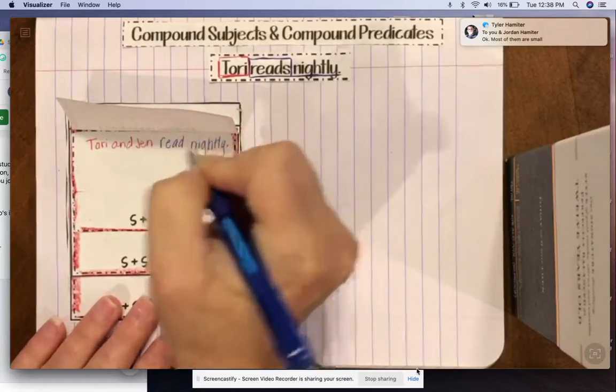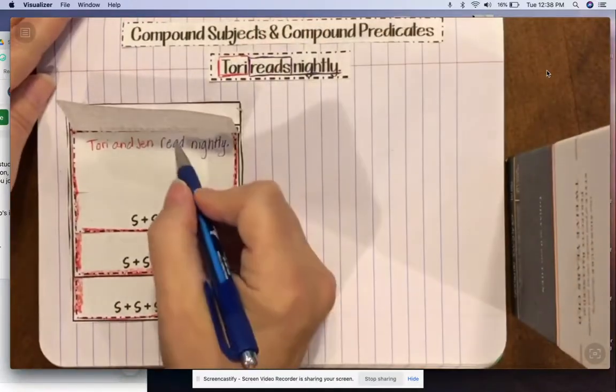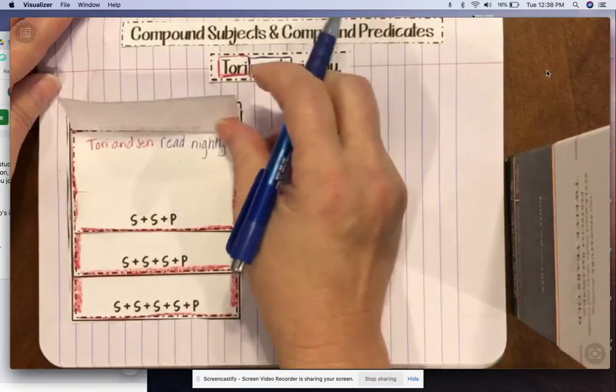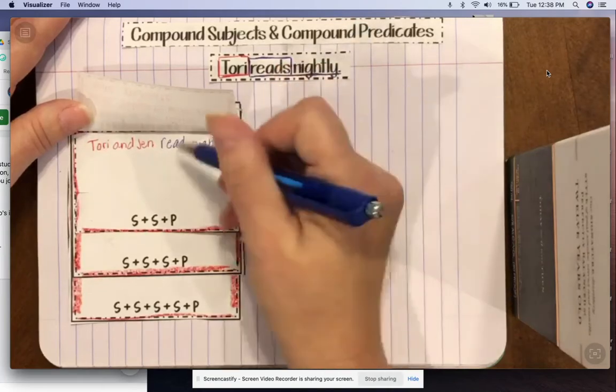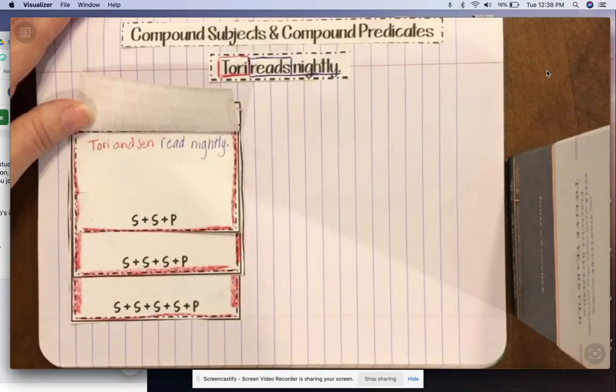Now I have to change it to read instead of reads because now I have two people. And it wouldn't make sense if I said Tori and Jen reads nightly. I have to take the S off of my verb because I have Tori and Jen in my subject.